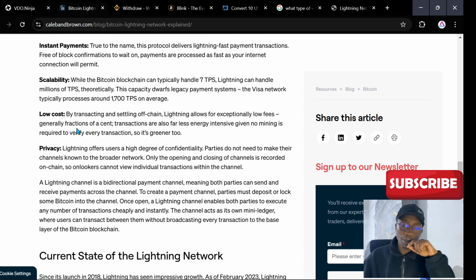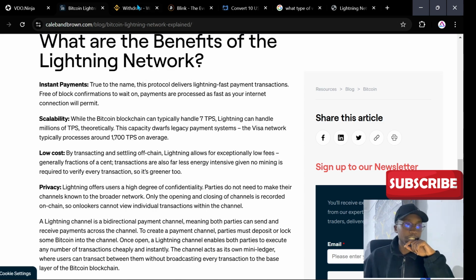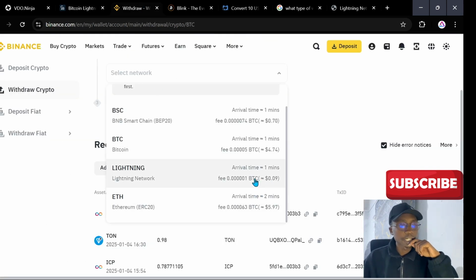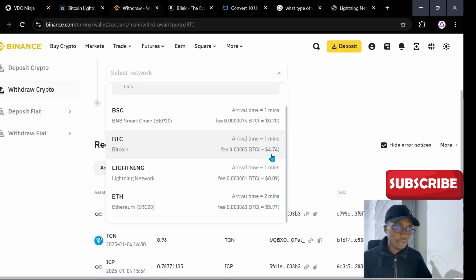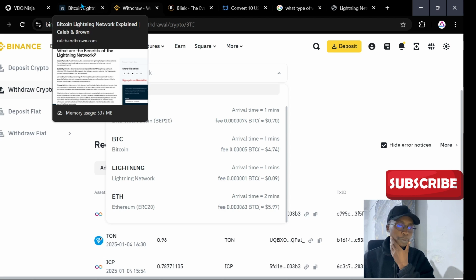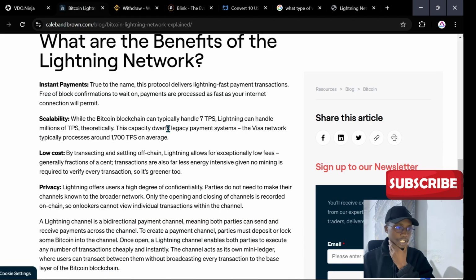It is also low cost, as we had seen here in Binance. We had seen that it uses the equivalent of $0.09 in Bitcoin, as compared to the Bitcoin blockchain network itself, which uses the equivalent of $4.74 in Bitcoin.